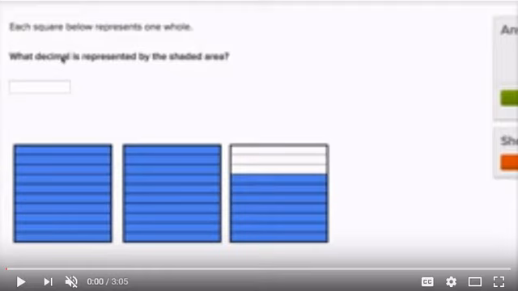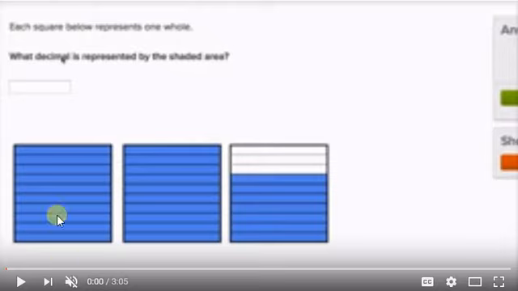Decimal representation. In our discussion we will use both stripped squares and 100 grid squares.